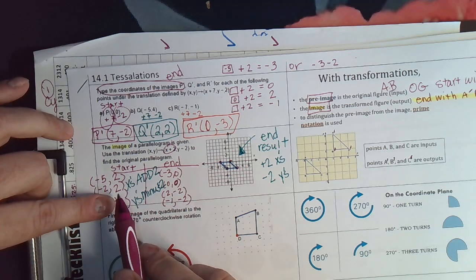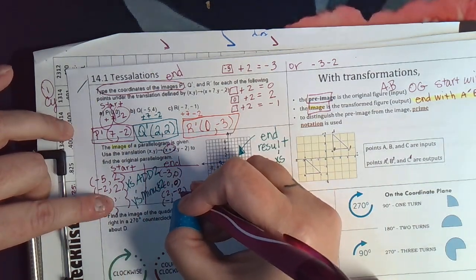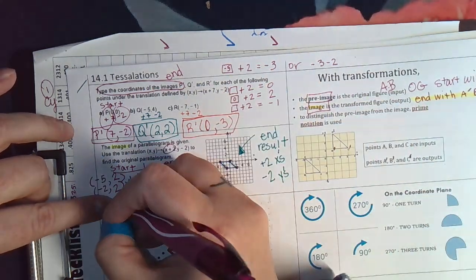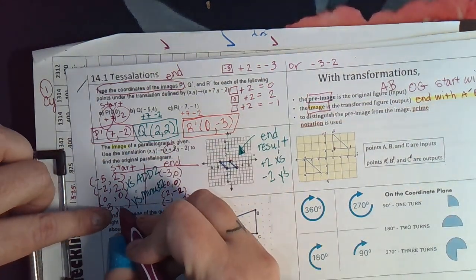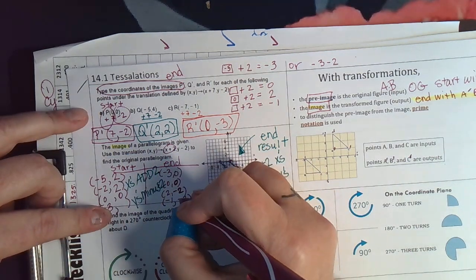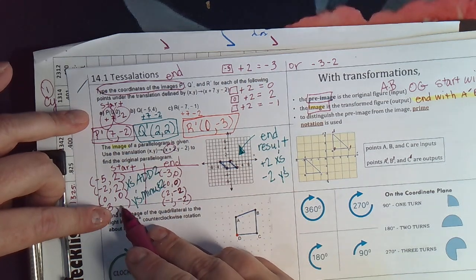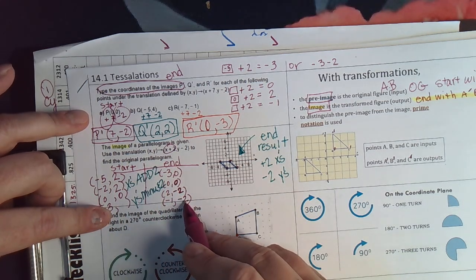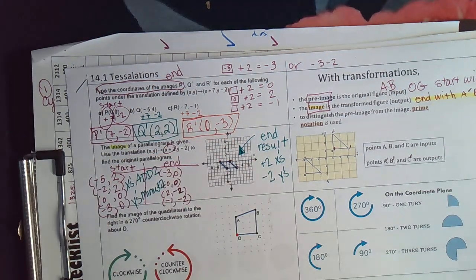And the answer is 2 again. What minus 2 gives you this negative 2 in the y spot? 0 minus 2. And lastly, what in this blank spot minus 2 gives you negative 2? So blank minus 2 equals negative 2. What's this blank? It should be 0.